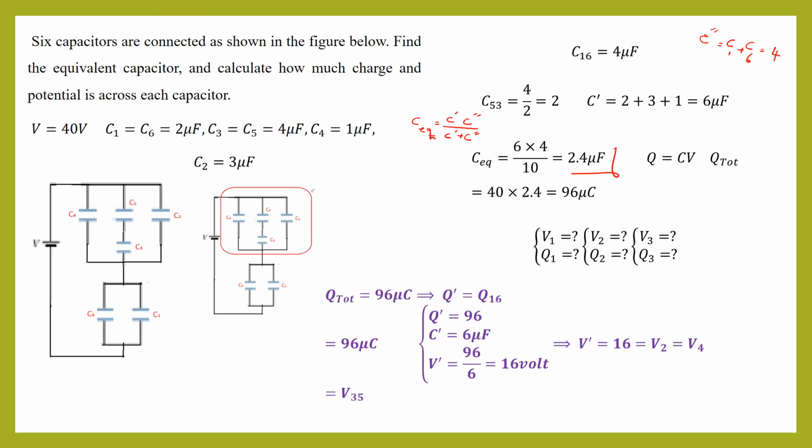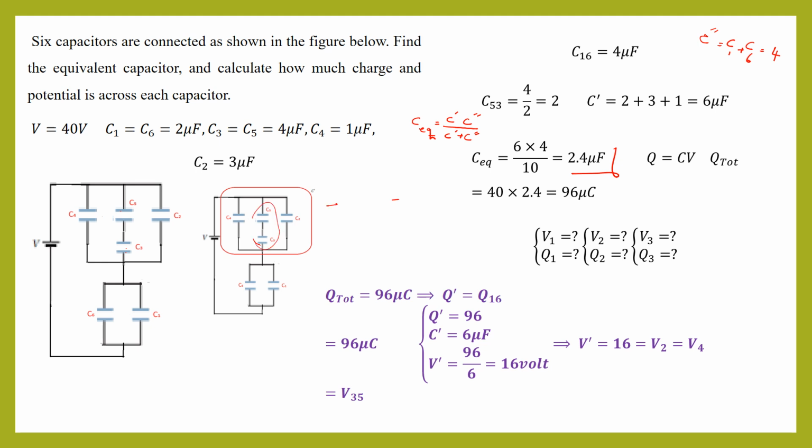One more example about this topic, everyone. So we have this combination. First of all, in order to calculate C total, you have to have a look at C5 and C3. These two capacitors are connected in series. So then you can remove them and substitute one instead of this.